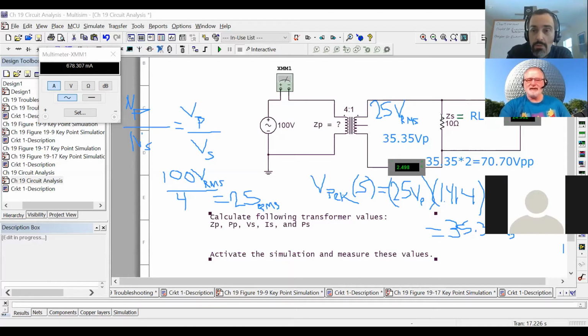So impedance is the same as resistance when there's only resistance in the circuit? That's correct, yes. So can you explain to me what RL is? RL is our load. Oh, okay. That's your load. A load's anything you hook something up to. So let's say you hook up your smartphone to this circuit. That's a load. Okay.